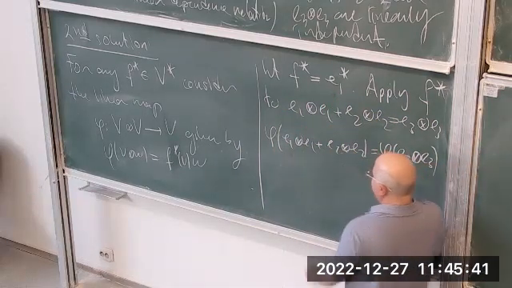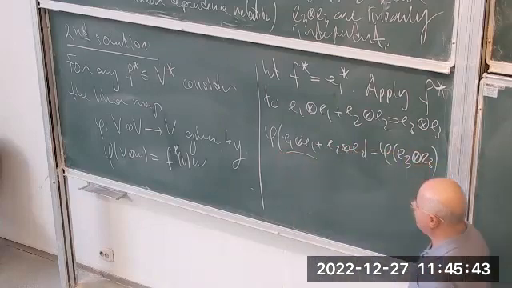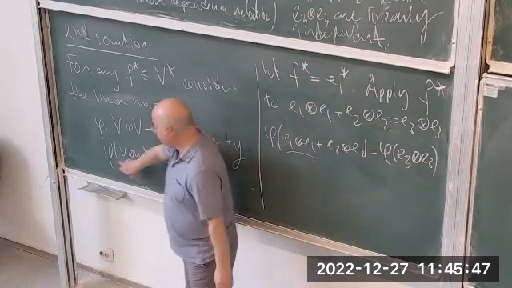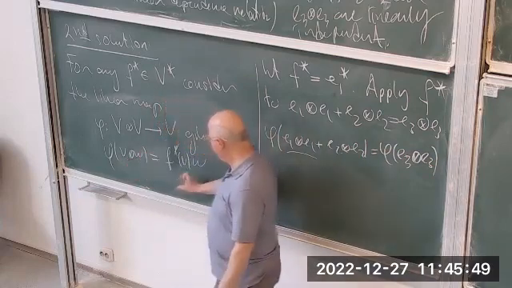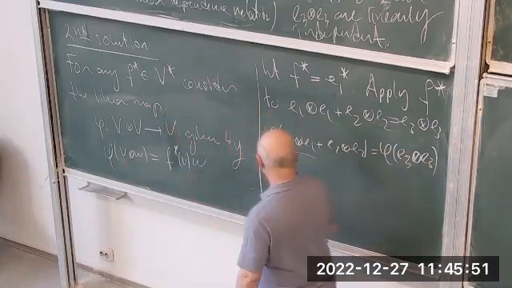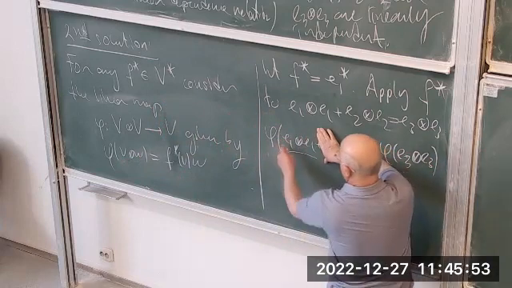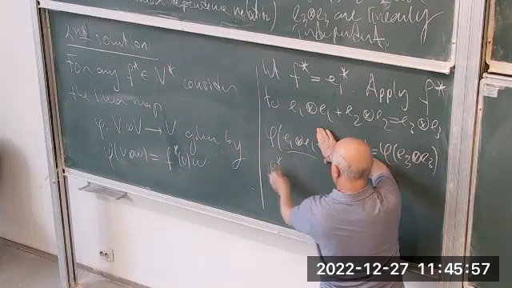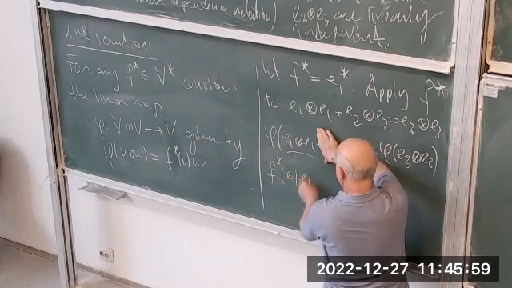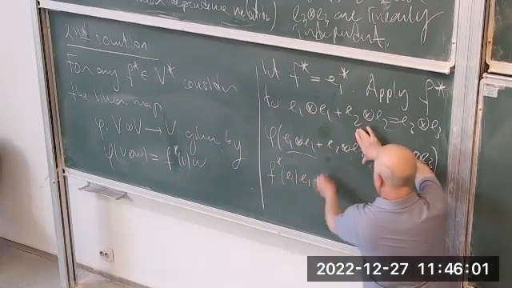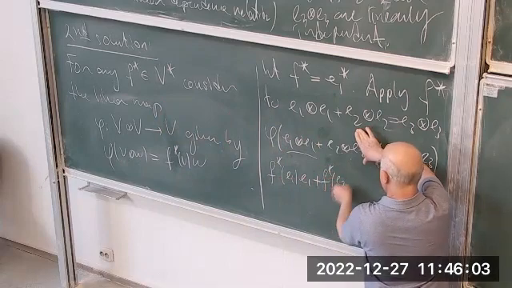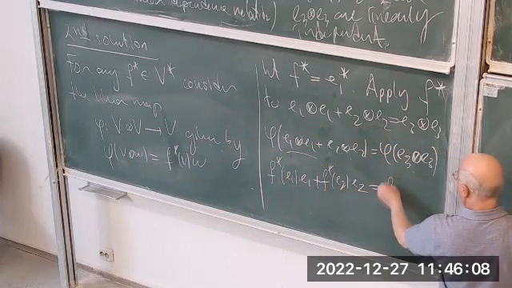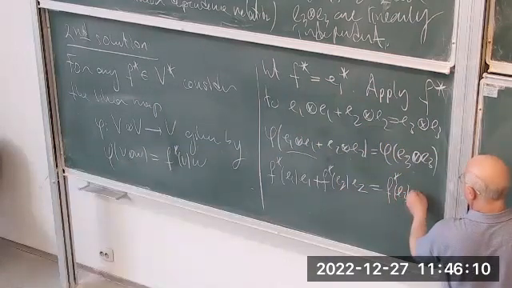This is a linear map. Its action on this is what? You take x star, the first element, and multiply it with the second element. So the action of this on this one is what? x star of e1 times e1 plus x star of e2 times e2, and this is x star of e3 times e3.